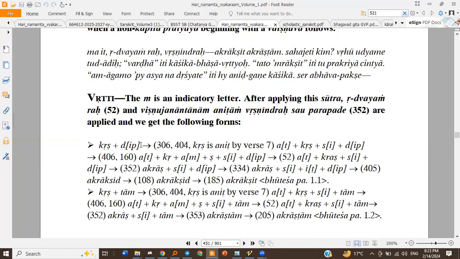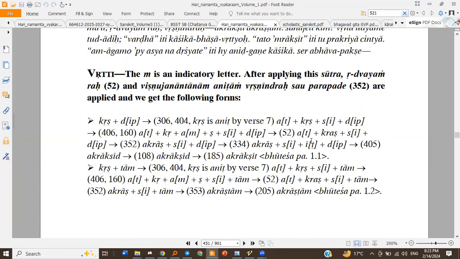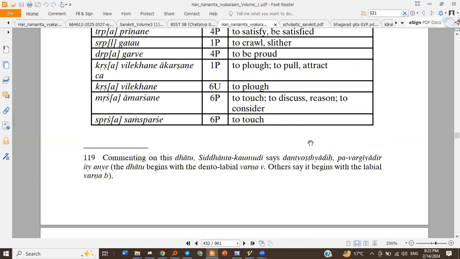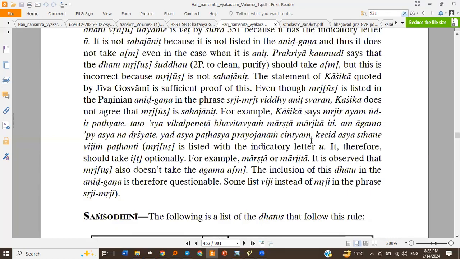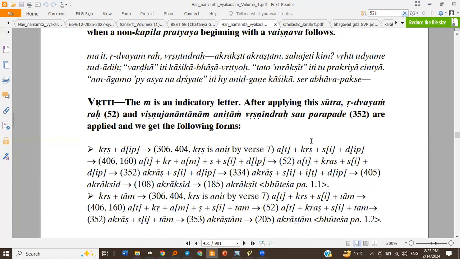Krish plus Dip. Now here, Krish C, so optionally it is inserted because we have a Pratyay beginning with the Vaishnava, which is non-Kapila.